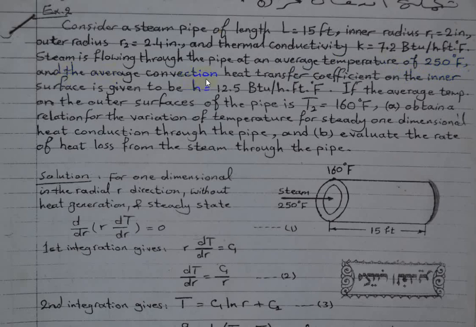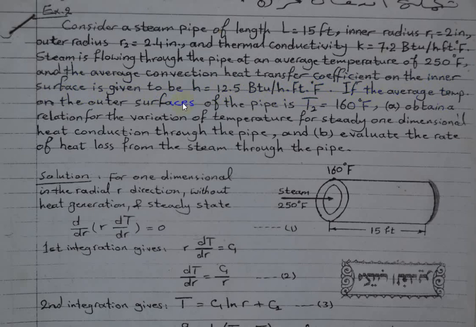And the average convection heat transfer coefficient at the inner surface of the pipe is given as h2 equals 12.5 BTU per hour feet Fahrenheit.